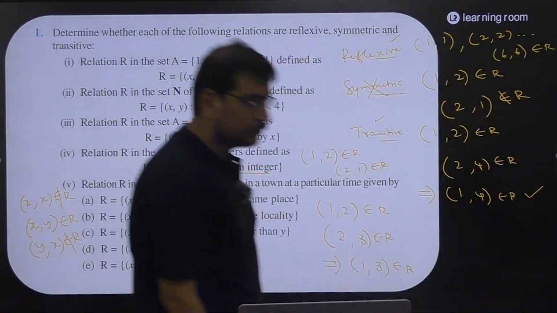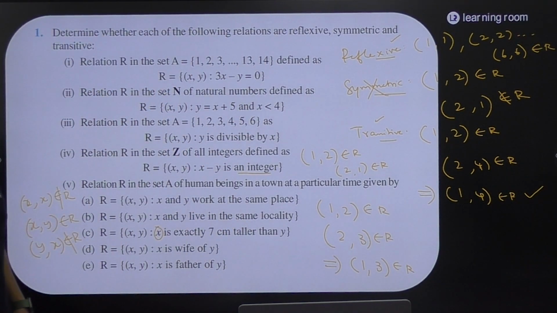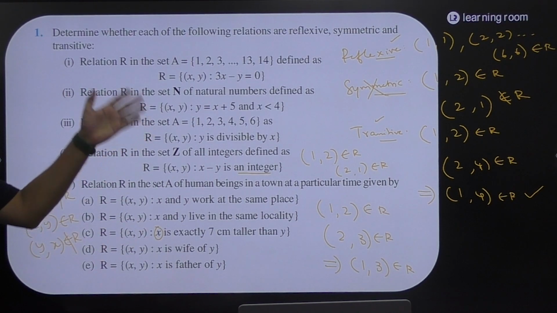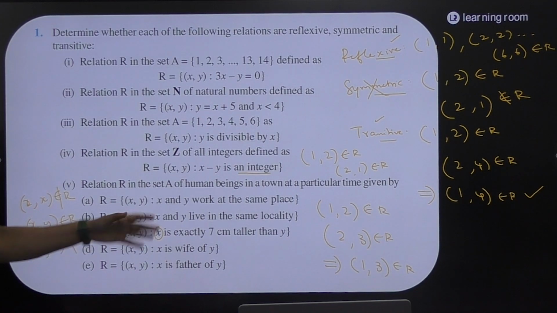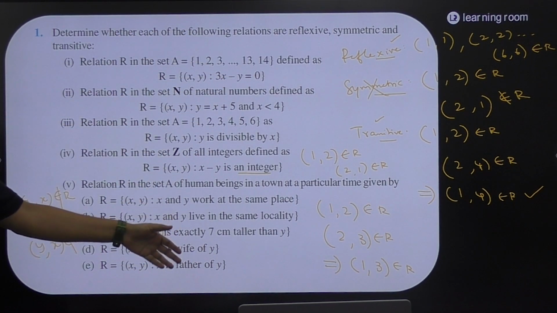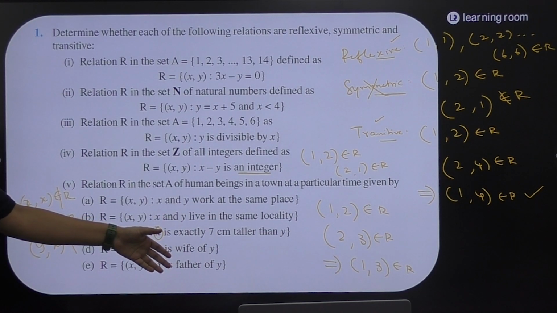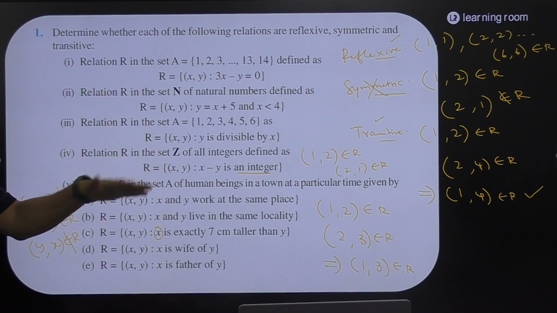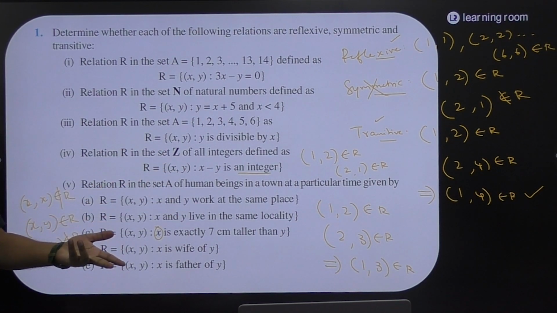The next one, something to do with gender. X comma X is not possible. If you write X comma X, what are you trying to say? The first element is a wife of. Okay. You know the answer. Obviously, it's not. Similarly, X comma Y, what is the meaning of it? X is the wife of Y. If I write Y comma X, what is it? Y cannot be the wife of X because the gender changes. Right.